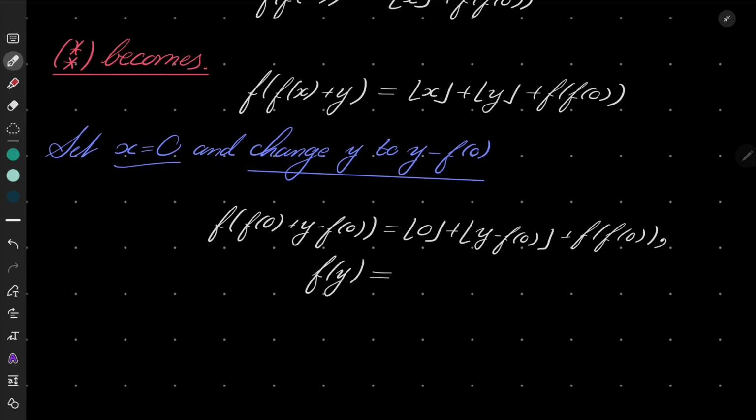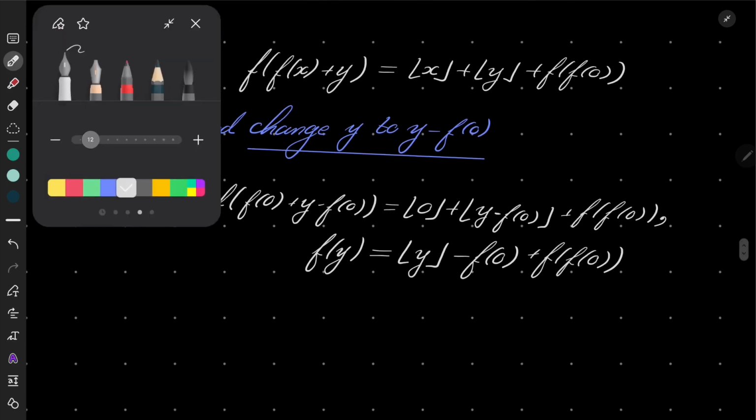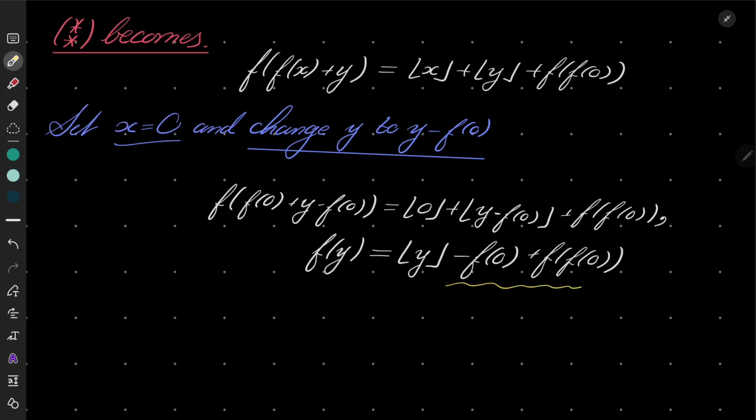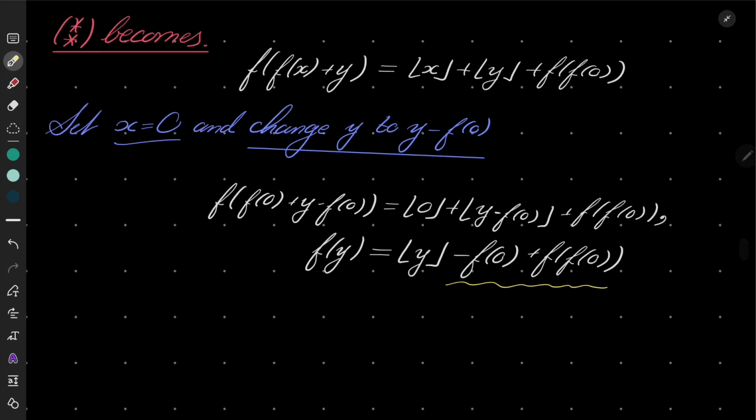Now we will use again the fact that f of 0 is necessarily an integer, so it's just floor of y minus f of 0 plus f of 0. And this part really is a constant. It's an integer.